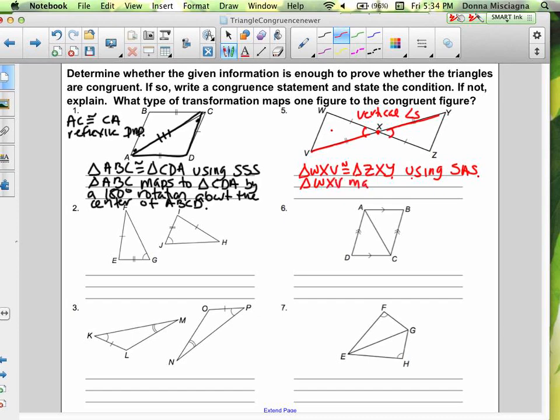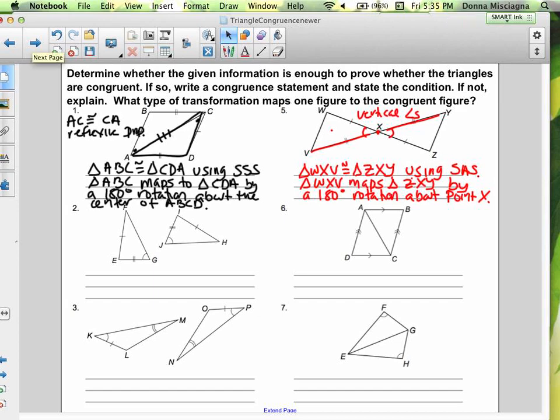WXV maps to triangle ZXY by a 180-degree rotation about point X. That's what's rotating around. Let's look at the next one.